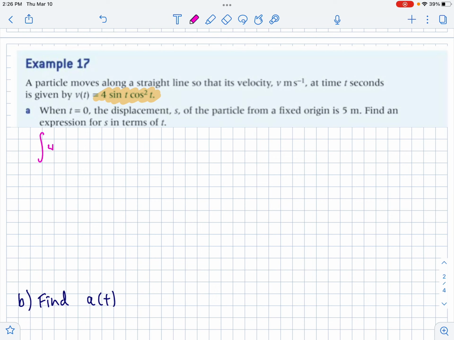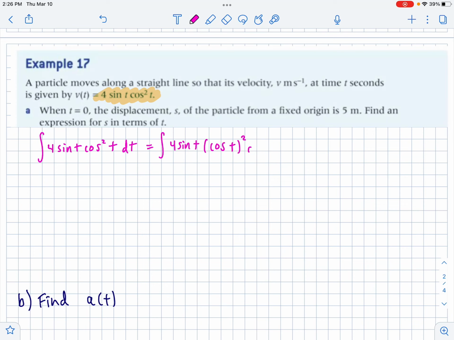Well, if you're going to find s, you have to do an integration of v. So we'll take the velocity equation and we're going to integrate this. It's a reverse chain rule.